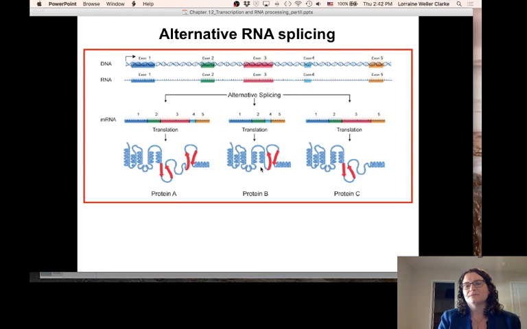Why would this be useful? In what case do you think the alternative RNA splicing would be useful for an organism? Why would you want to create 3 or 4 different proteins from a single strand of RNA, from a single stretch of DNA? Anybody? This is a tricky one.